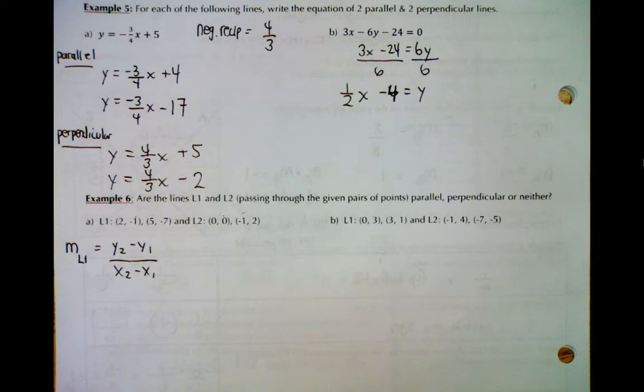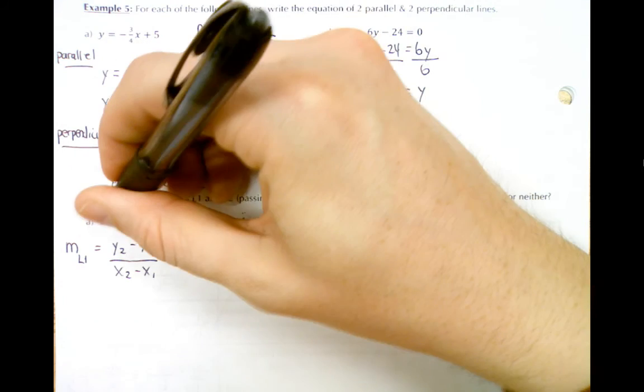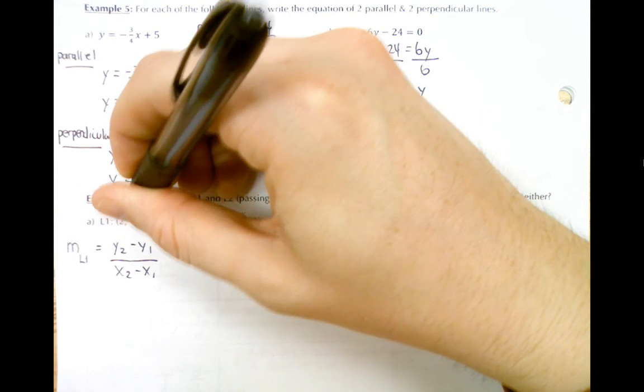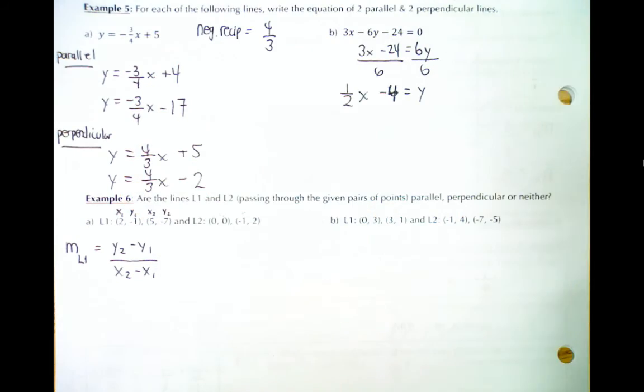x1, y1, x2, y2 come from the points that the line crosses. x1, y1 come from the first point. x2, y2 come from the second point.